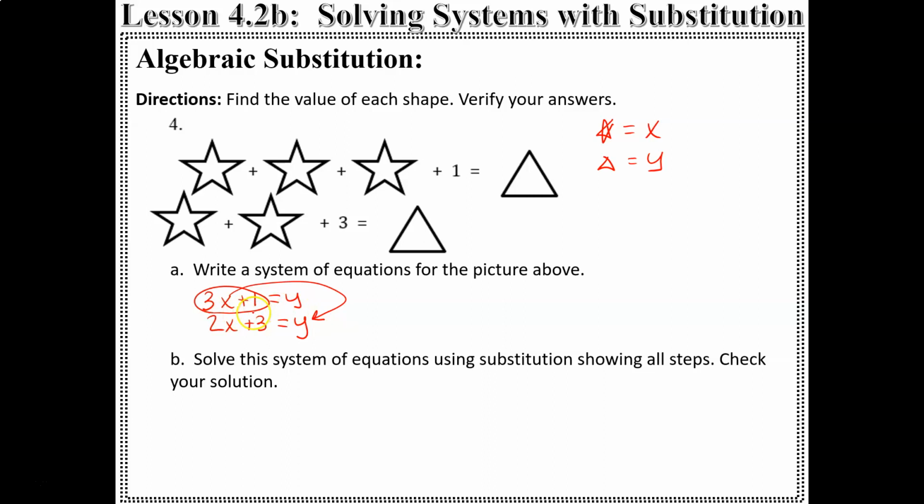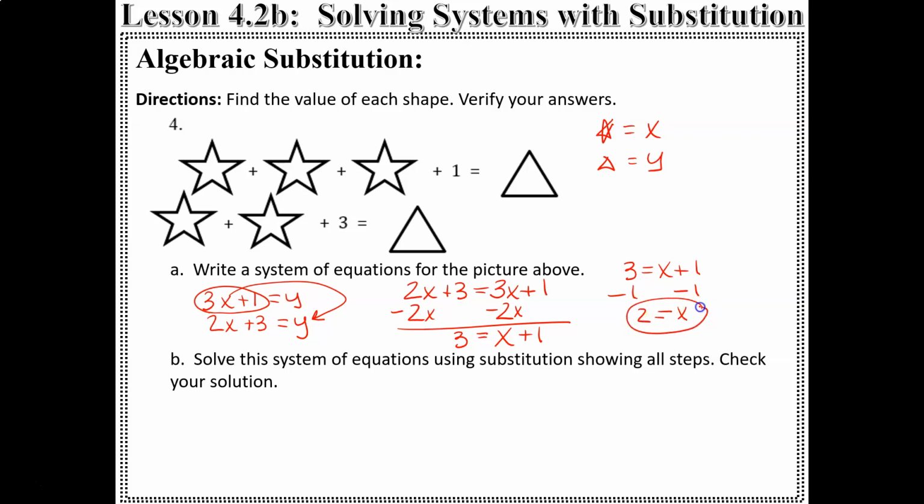It says y equals 3x plus 1, so I'm going to take that and put that in instead of y in the second equation. 2x plus 3, and instead of y, I'm going to put 3x plus 1. Now I'm going to subtract 2x from both sides. Now I have 3 equals x plus 1. I'm going to subtract 1. So my x value is 2.